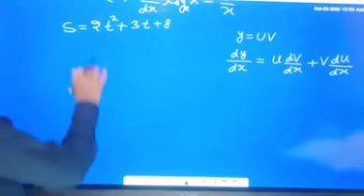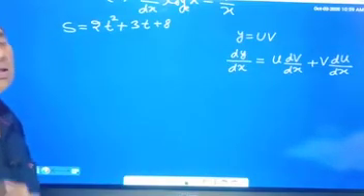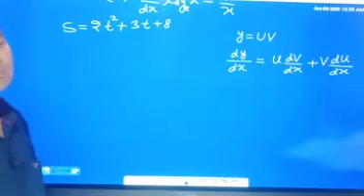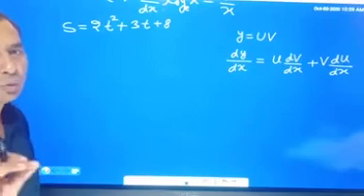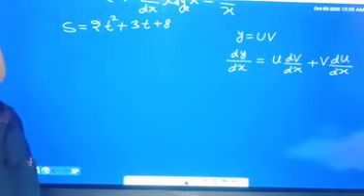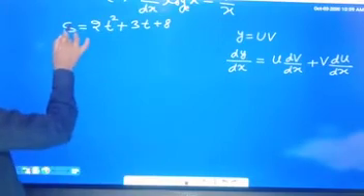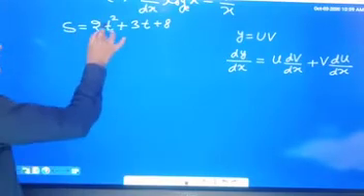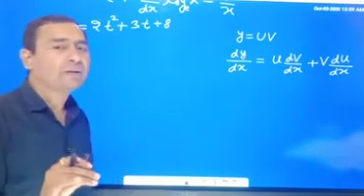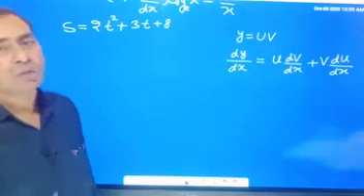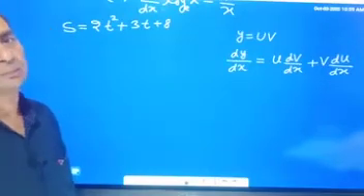So we know, what is speed? Speed is the rate of change of distance with respect to time. So we have to find the rate of change of s with respect to time, and we know that by differentiation we find the rate of change of one physical quantity with respect to another physical quantity.